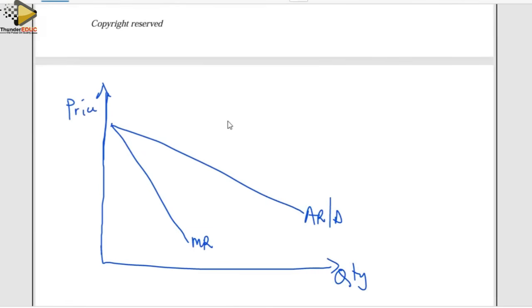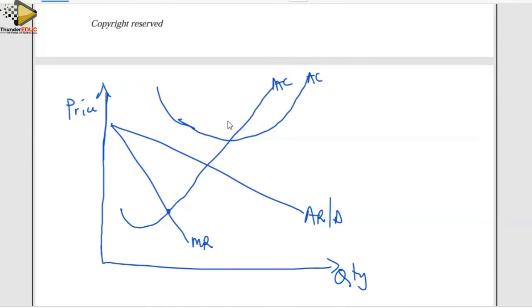If our average cost is somewhere here and does not touch the average revenue, and our marginal cost cuts the average cost at its lowest point, then our quantity is determined by marginal cost and marginal revenue. Our equilibrium point is here, where marginal cost is equal to marginal revenue. So we get our quantity here, and we continue with the axis until we get to the cost.